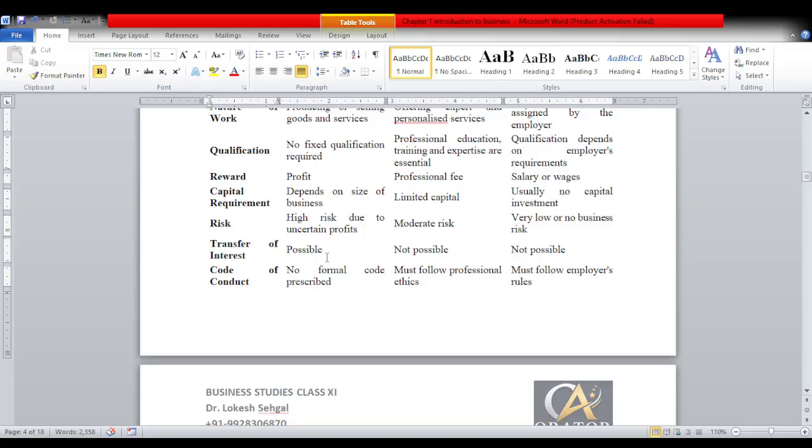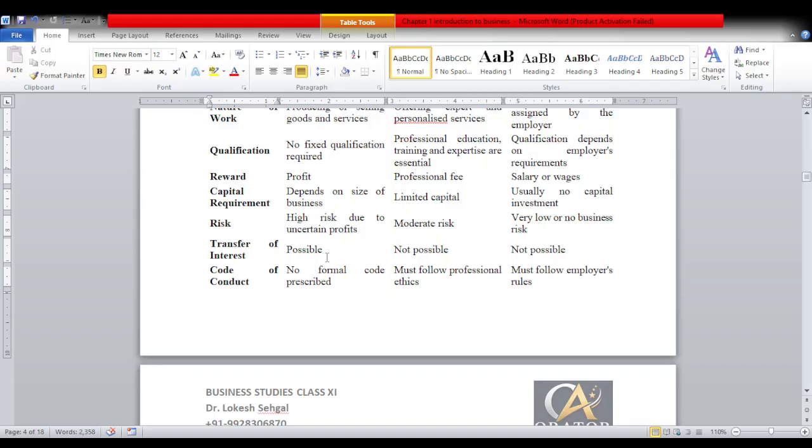But right now it is very much required to design a formal code of conduct for a business, so that it will not only help the business, it will help the businessman and the customer also, so that they are working on the qualitative aspects of the product and services.